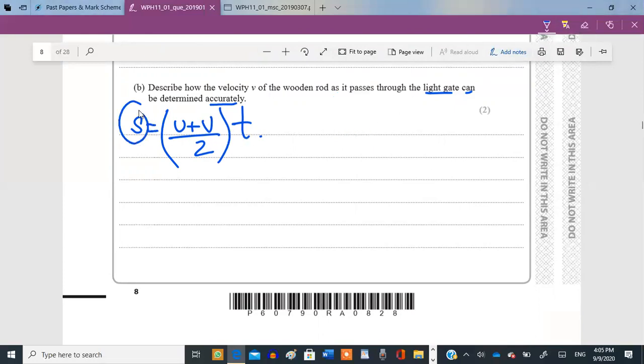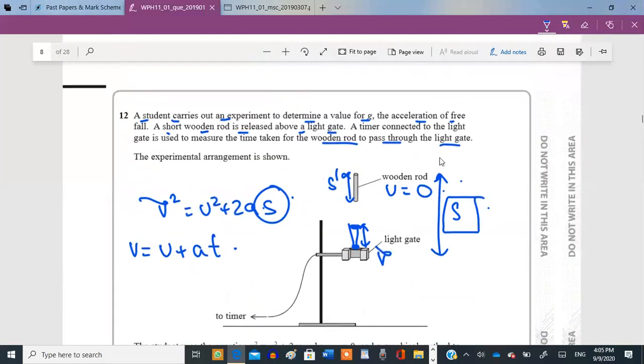And what's going to be the distance? The distance is actually going to be the total distance minus the length of the rod.